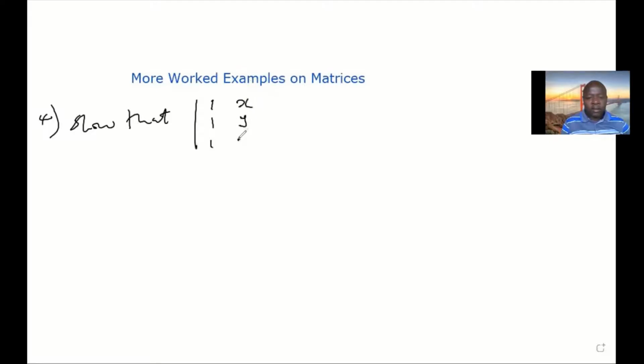The determinant of 1, 1, 1, x, y, z, and x square, y square, z square.